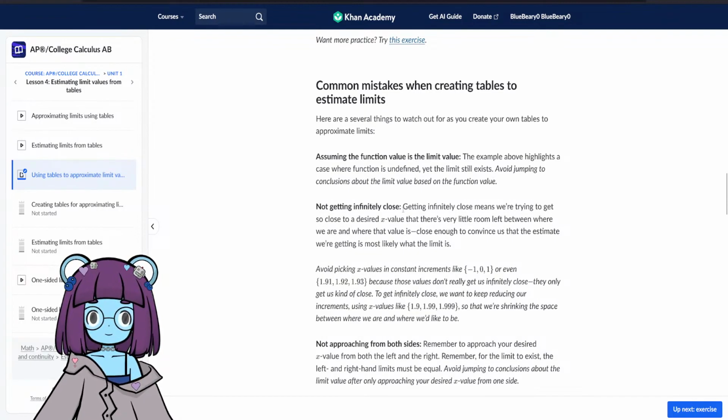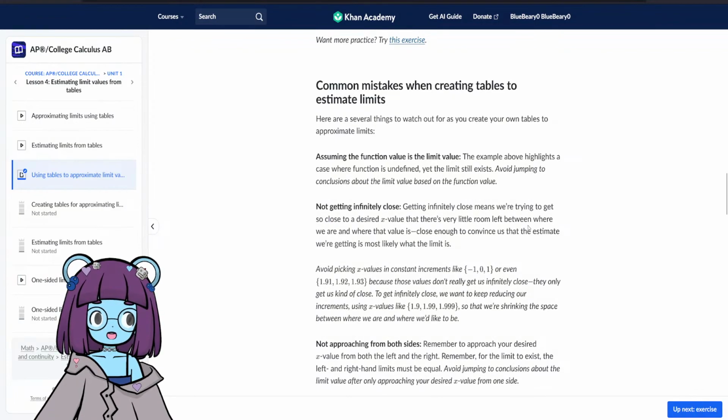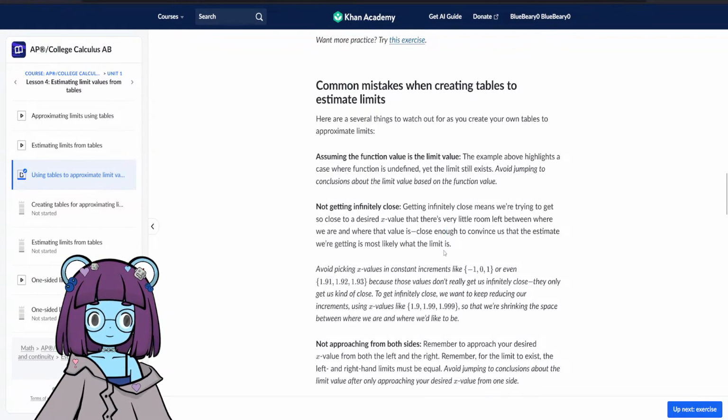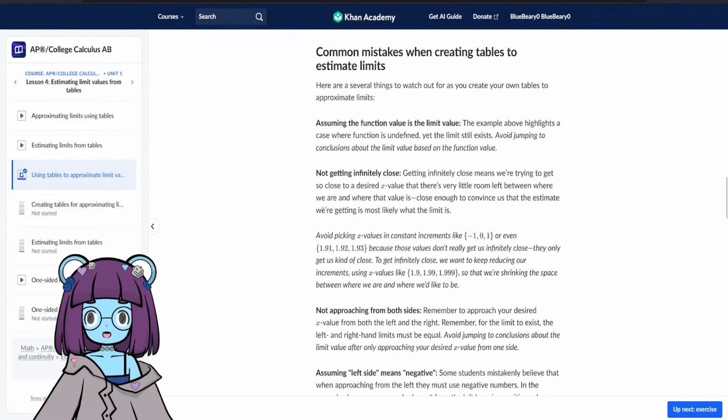Not getting infinitely close. Getting infinitely close means we're trying to get so close to a desired x value that there is very little room between where we are and where the value is, close enough to convince us that the estimate we're getting is almost certainly what the limit is.